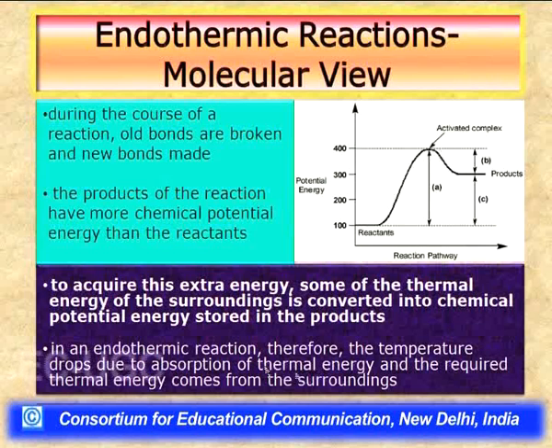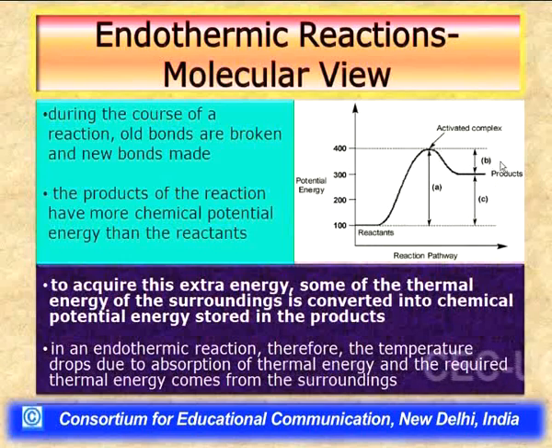Endothermic reactions therefore occur with an absorption of heat, and consequently the delta H is a positive value. The enthalpy change of an endothermic reaction is a positive value because the molar enthalpy of products is greater than the molar enthalpy of reactants. And what is the enthalpy change of a reaction?